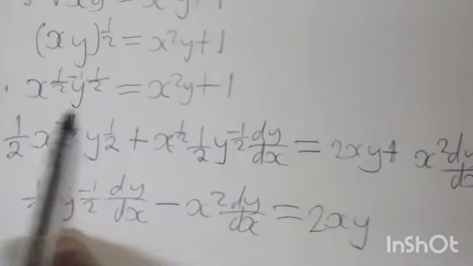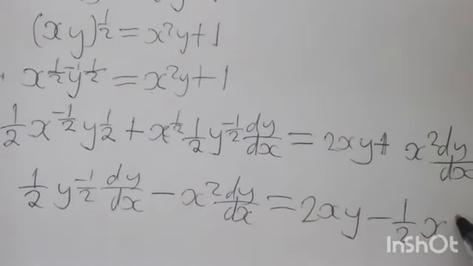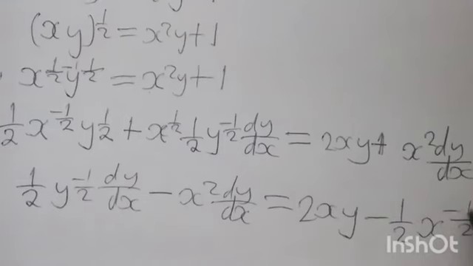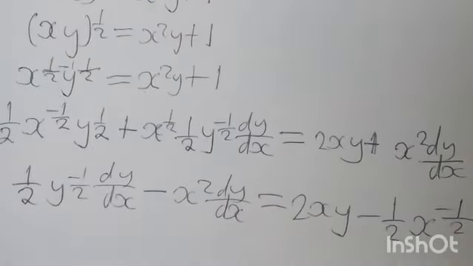This part here will cross the equal side, it will be negative 1 over 2 x to the power negative half, then y to the power half.